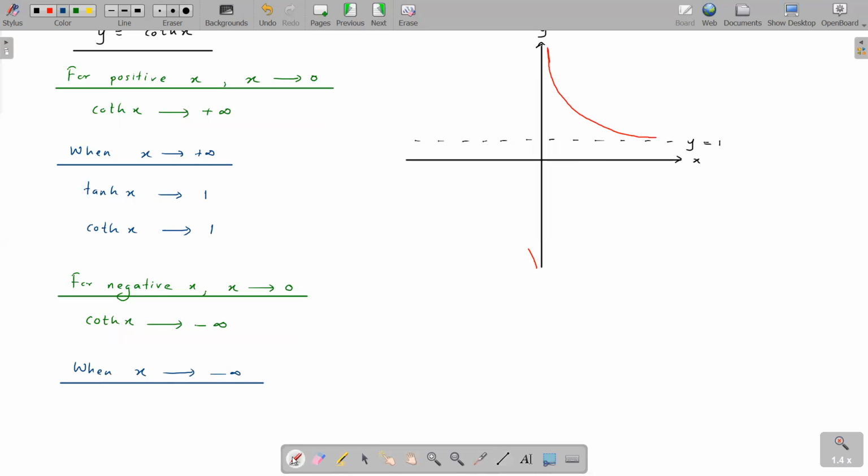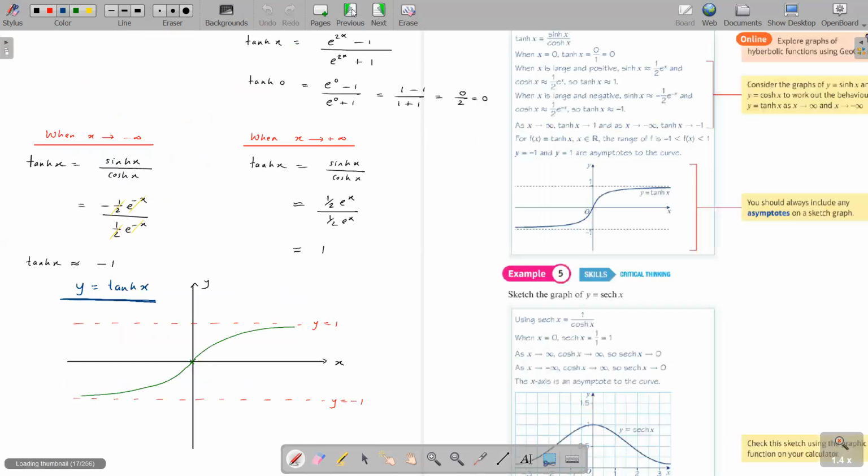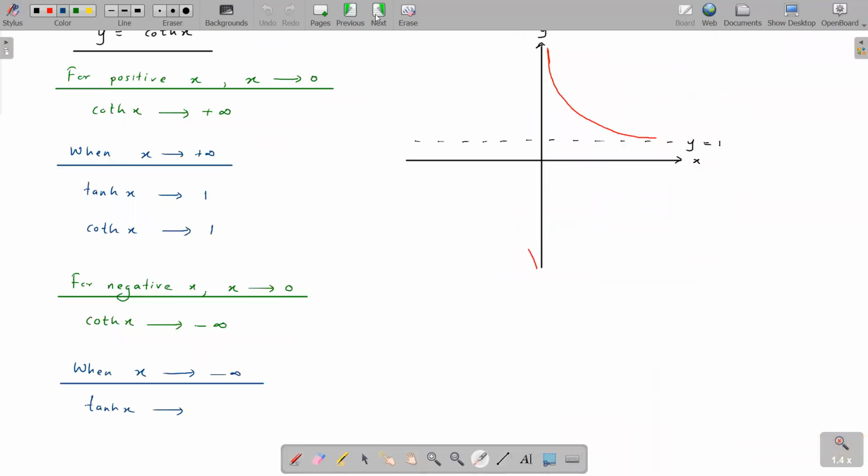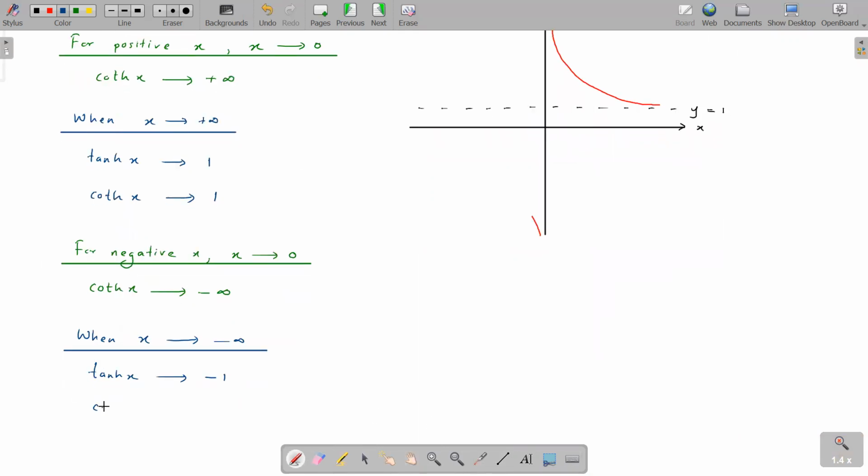When x goes to negative infinity, guys, we know the behavior of the original tangent graph, right? When x approaches negative infinity, the tangent x graph approaches minus 1. So the cotangent graph in that case is the reciprocal of minus 1. 1 over minus 1 is again minus 1.